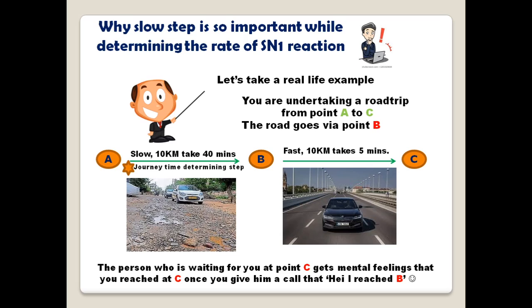Now one point I want you to note down: if you really want to improve your journey time, then you can do so by improving the road condition from A to B. You will not have much to do on the road between B to C. Remember this point.